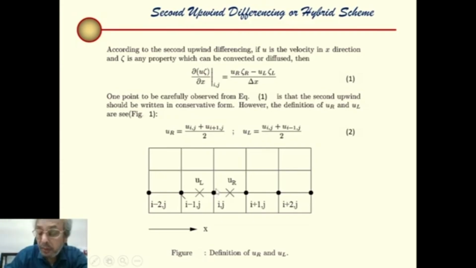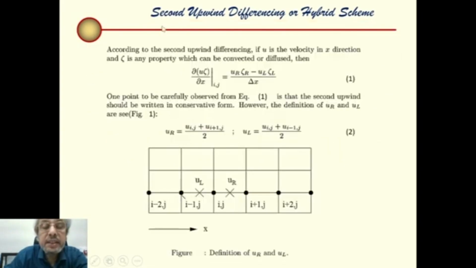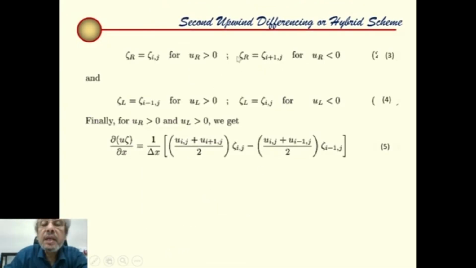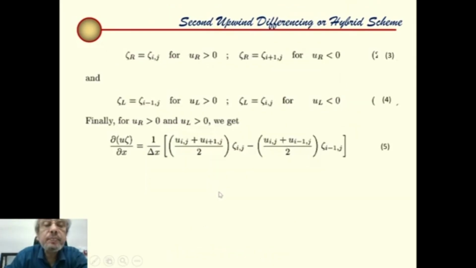So we will write, if u_r is positive, then zeta_r is zeta_i,j. Similarly, zeta_r is zeta_i plus 1,j if u_r is negative. If u_r is positive, it will involve the upstream point, which is the i,j point.